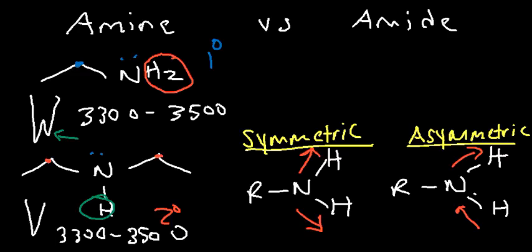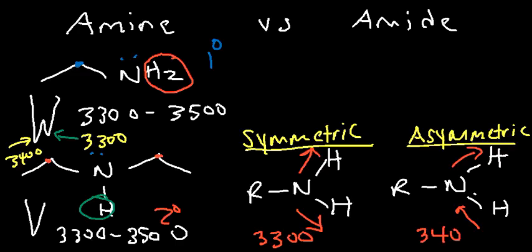Now, as you can see, there's two signals. One is around probably 3300, and the other one is around 3400. The symmetric stretch usually requires less energy, and so the wave number is less. So the symmetric stretch is the one that's around 3300.